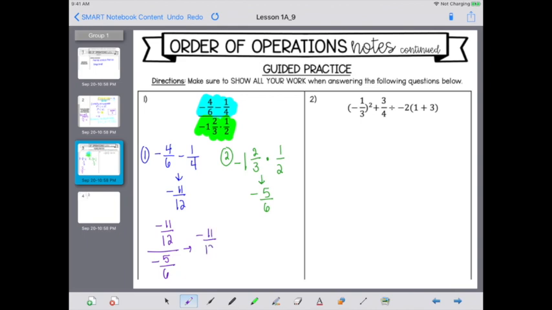Here it's no longer divided by, it's multiplied, and we take the reciprocal. Our answer is going to be 11/10. Always simplify when you have your fractions.